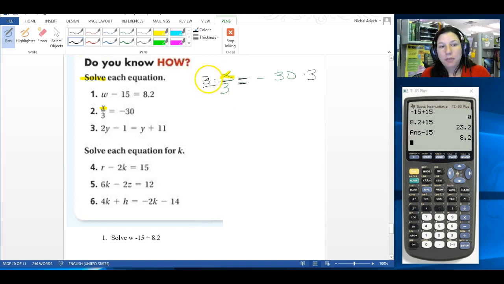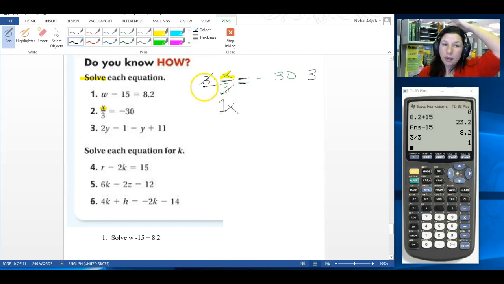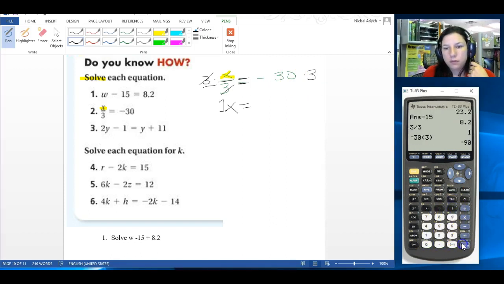So that's going to give me 3 divided by 3, which is just 1. So that cancels. I have 1x. Technically you could put the 1 there, but we don't show that. We know it's there, we kind of assume it's there. But I have 1x here, and then negative 30 times 3, which is negative 90.